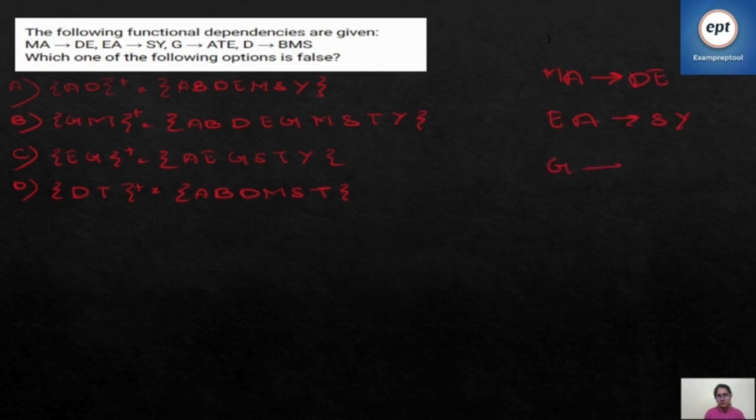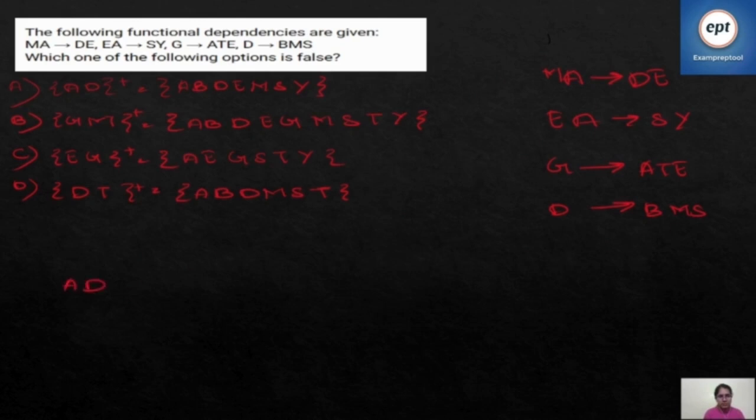Then G is deriving ATE, and D is deriving BMS. These are the dependencies which are already given. Now let's find the attribute closure of AD out of all these given dependencies.